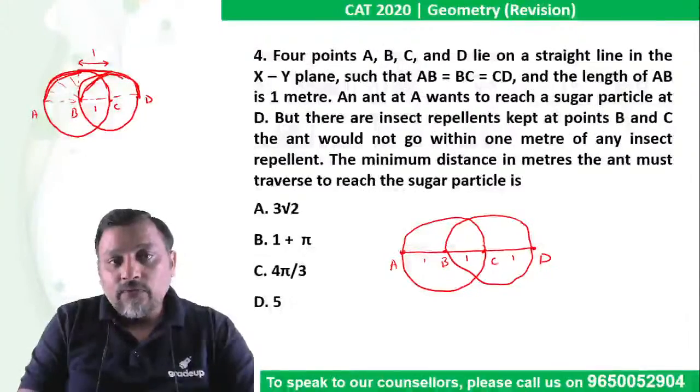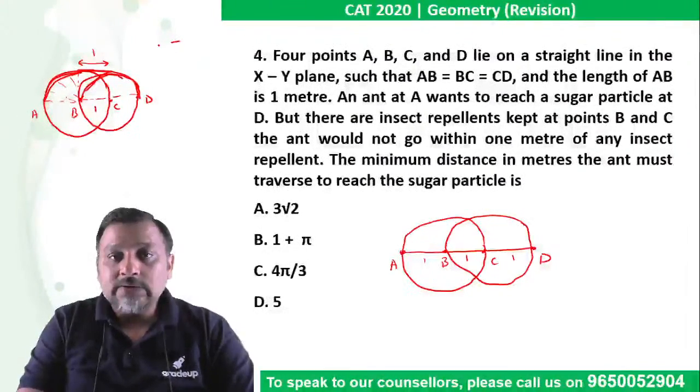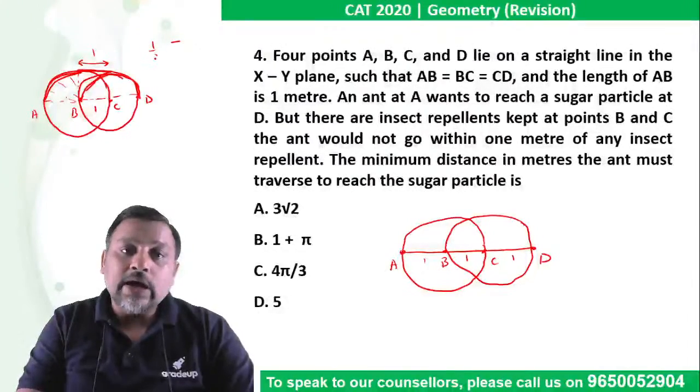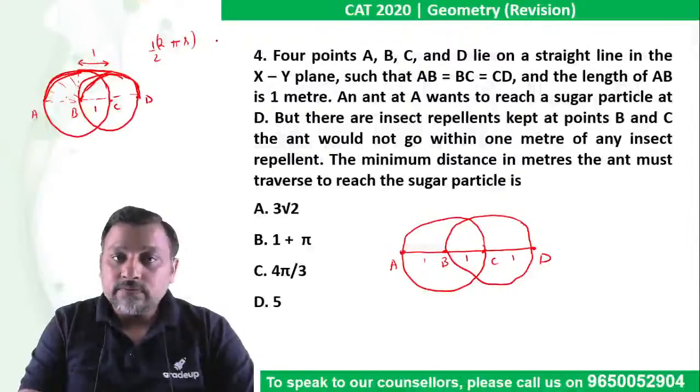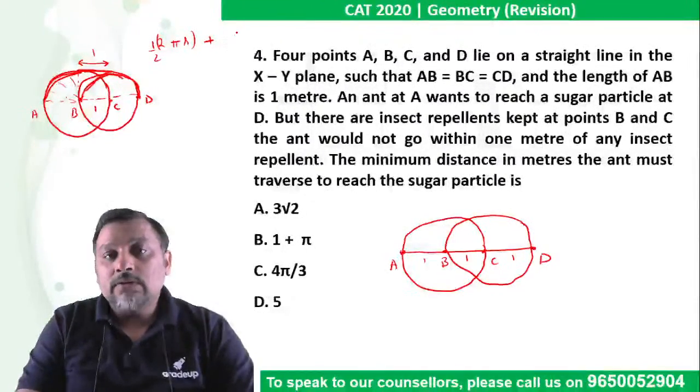So this is 1/4 of a circle of radius 1. This is 1/4 of a circle of radius 1. So that is half of the circumference, plus this one. So r we know is 1. So it is pi plus 1.